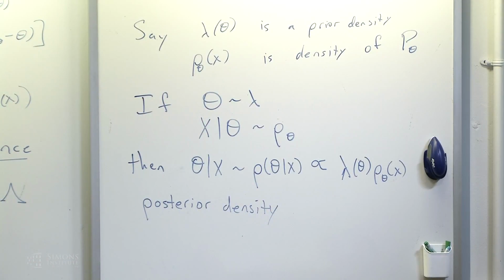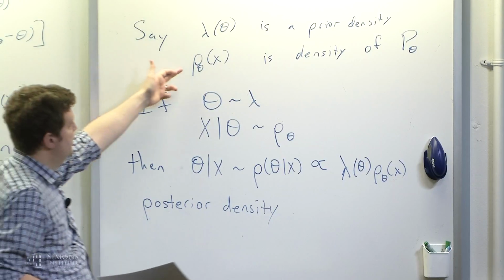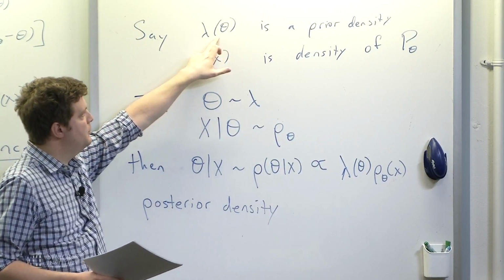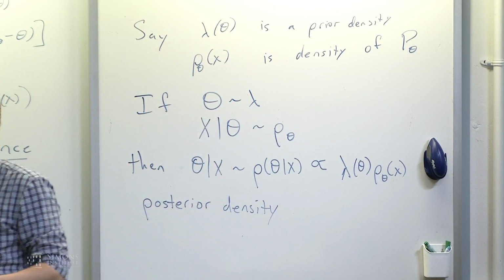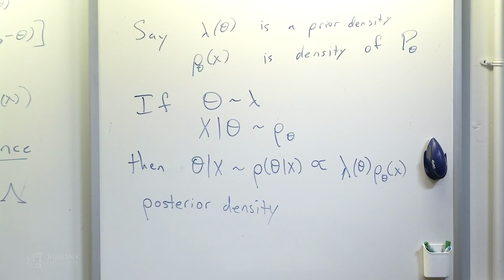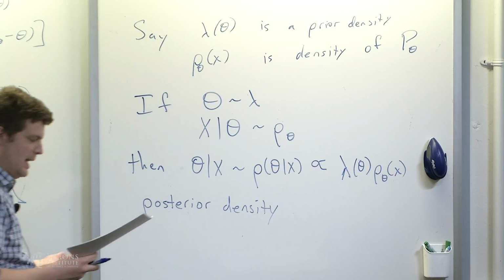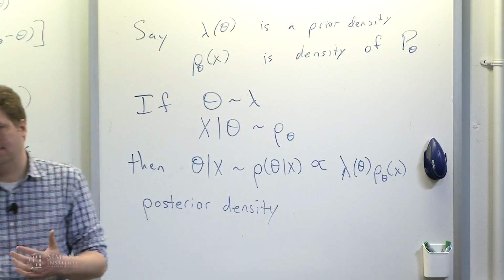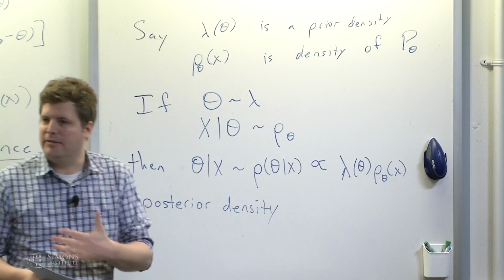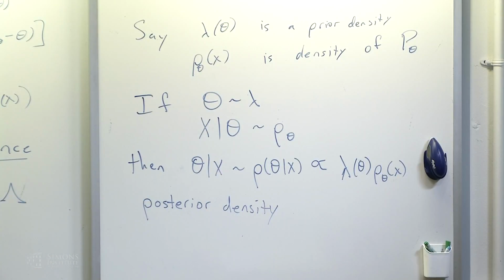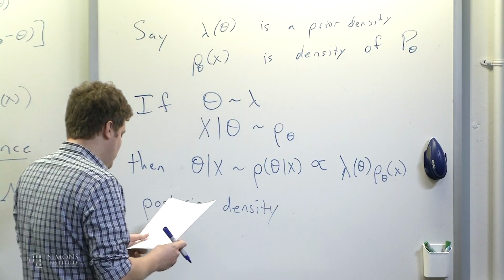So if this was our belief about the parameter before seeing the data, and then we see this data, then this posterior density describes our belief state about what the parameter should be after seeing the data. And we don't really need to talk that much about estimators or hypothesis testing or confidence intervals, because the posterior is just a complete description of everything that we might believe about the parameter. You might want to summarize it in some way for some reason.